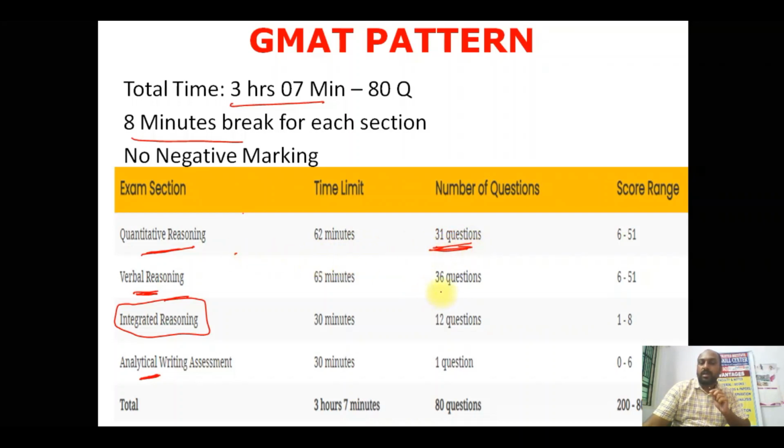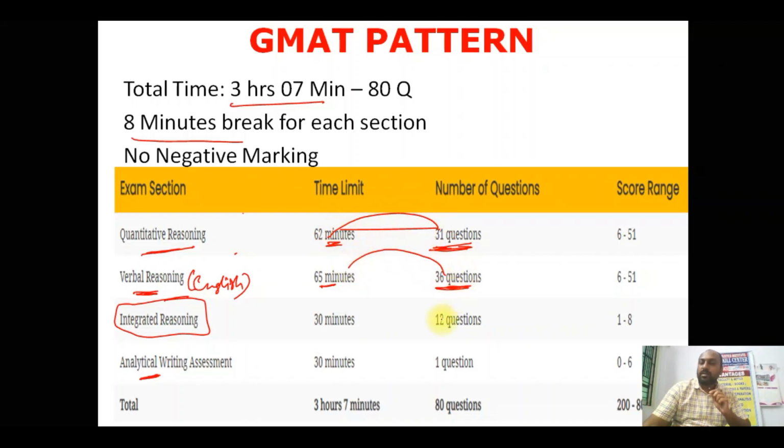Quantitative reasoning and verbal reasoning, so it is English, we can say it is English grammar, comprehension, vocabulary, all will be related here, right. So 36 questions and 65 minutes you will get, and 31 questions 62 minutes, it's almost like double time, maximum you will get double time, okay.